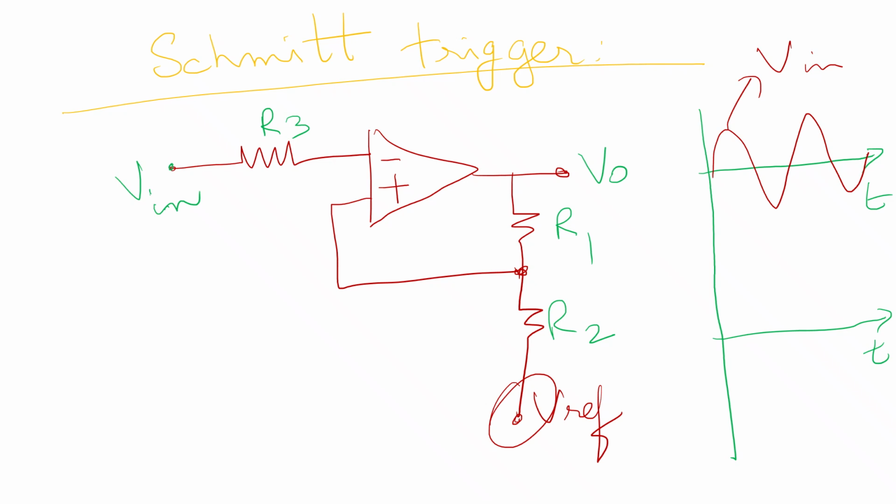The output itself swings from a higher potential to a lower potential, depending on the values initiated by the reference value that we have connected in the circuit.